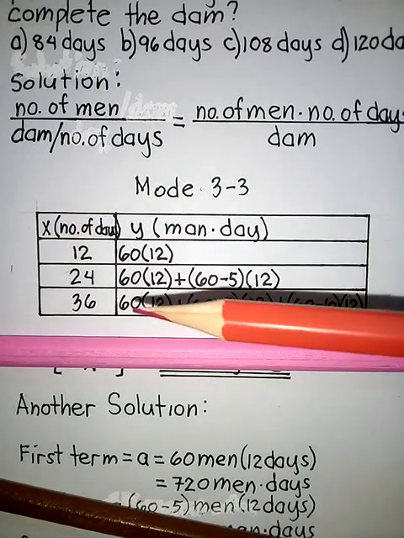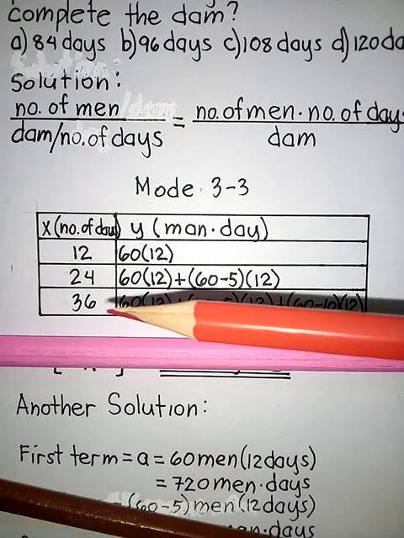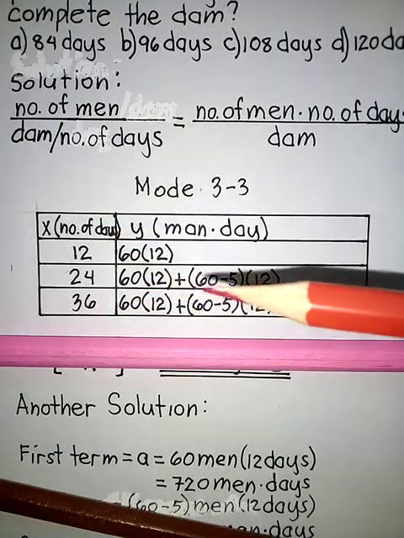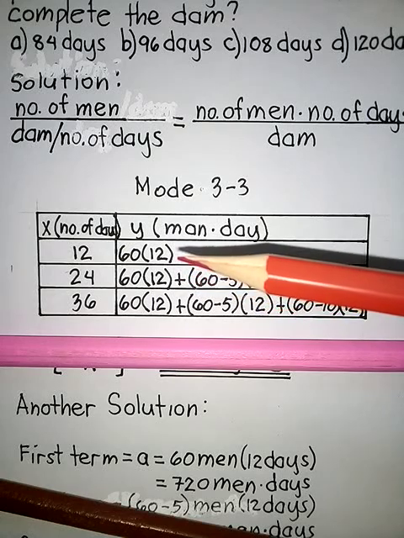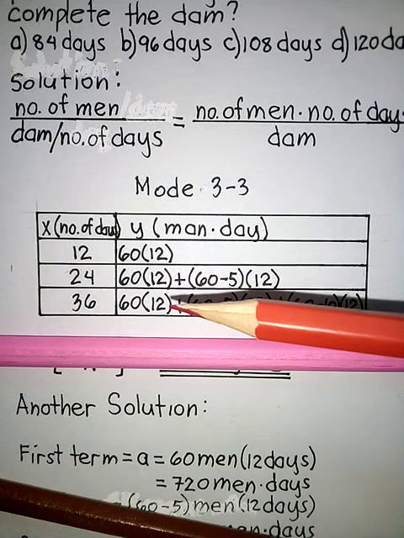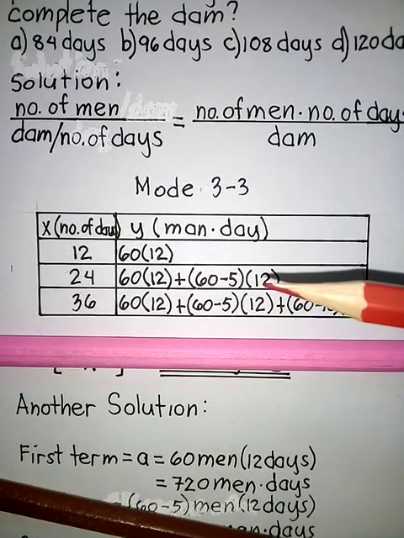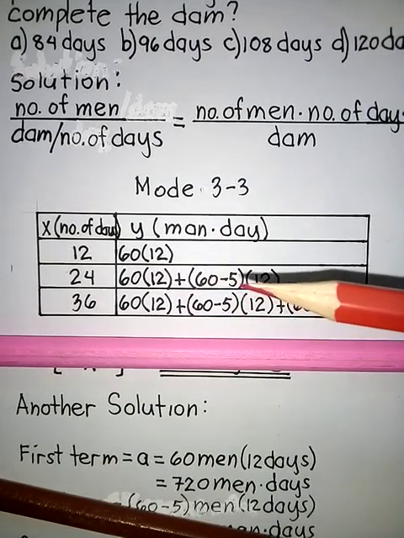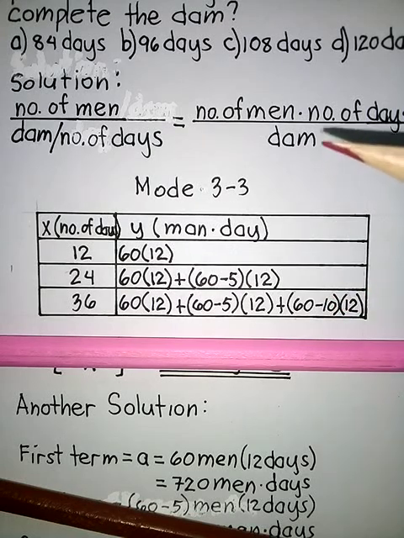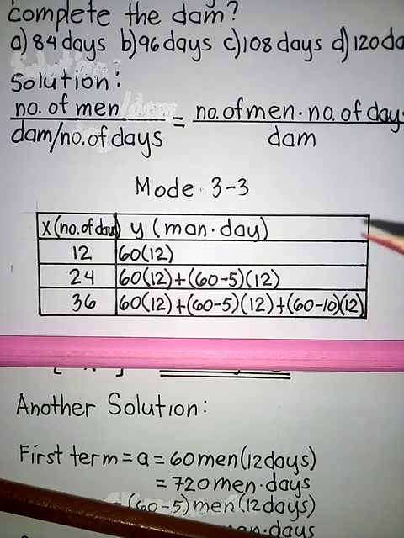On the third 12-day period, the number of days is now 36, and on the Y column we have 60 times 12, plus 60 minus 5 times 12, plus 60 minus 10, because there will already be 10 men removed from the work, multiplied by 12.